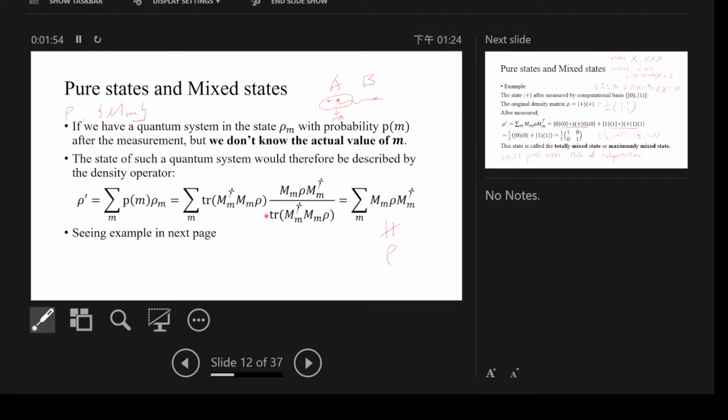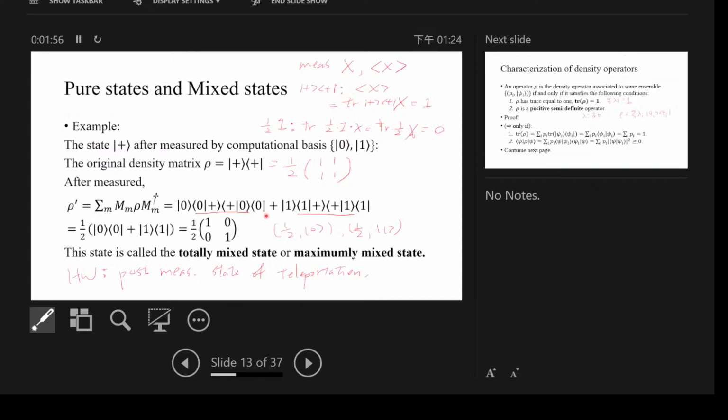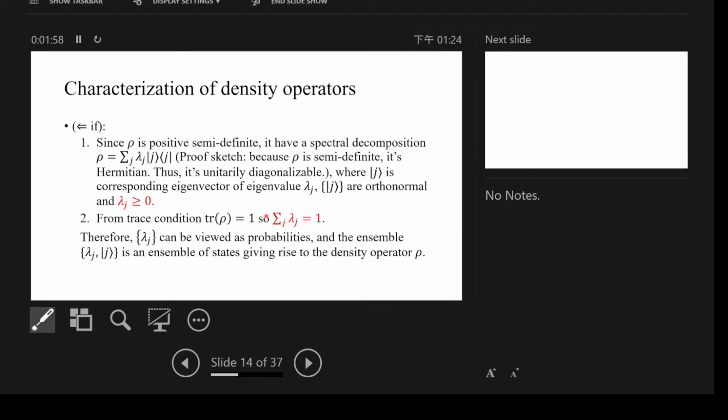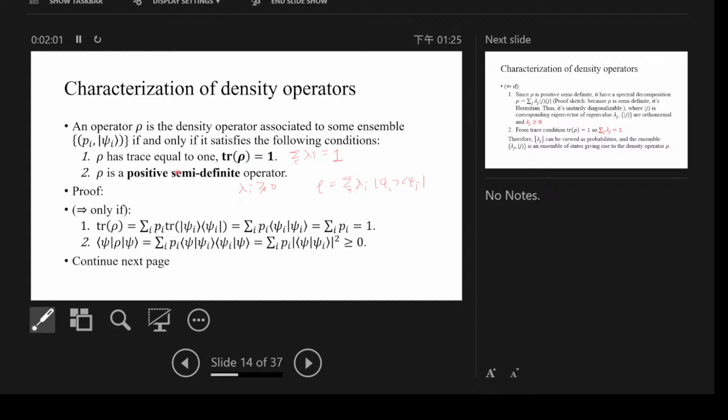Moreover, we have this theorem saying that any matrix that satisfies two properties, that it is trace one and PSD, you can associate an ensemble with it. So we can forget about this ensemble interpretation and just describe any quantum system as this density matrix rho. They just need to be trace one and PSD.